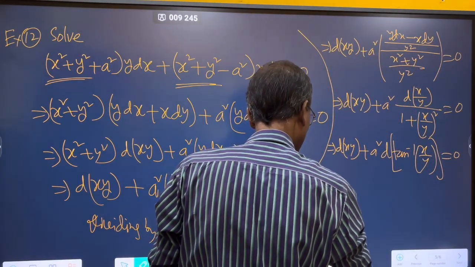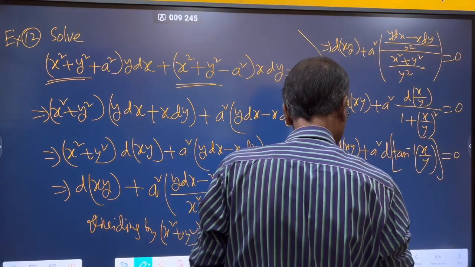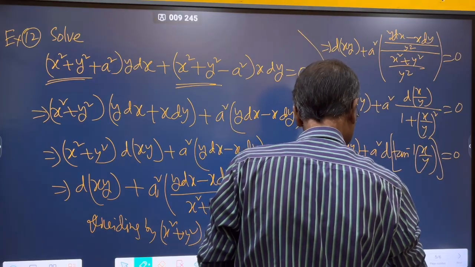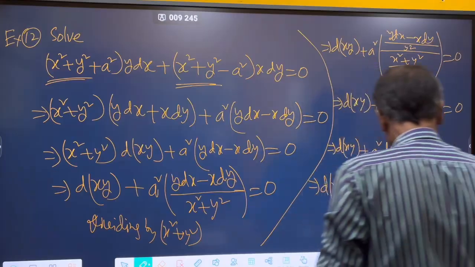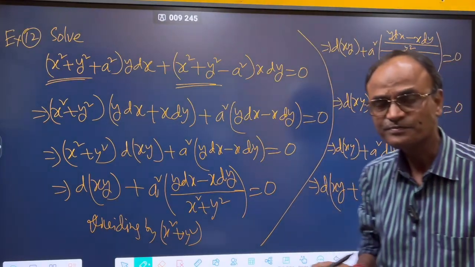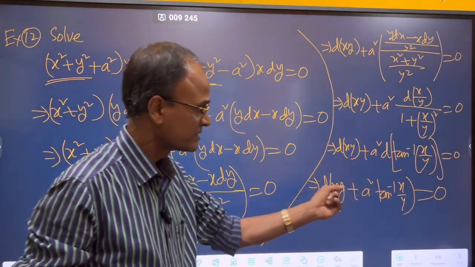Or d of xy plus a square tan inverse x by y equal to 0.